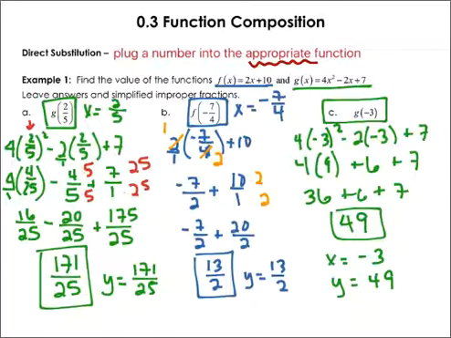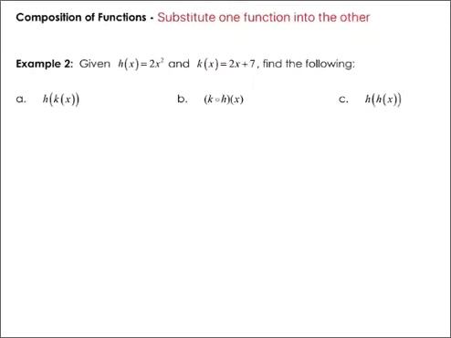Right, let's go on. Composition of functions is when you substitute or plug one function into the other. You could see this a couple different ways. We could have f of g of x, which can also be written as f o g.